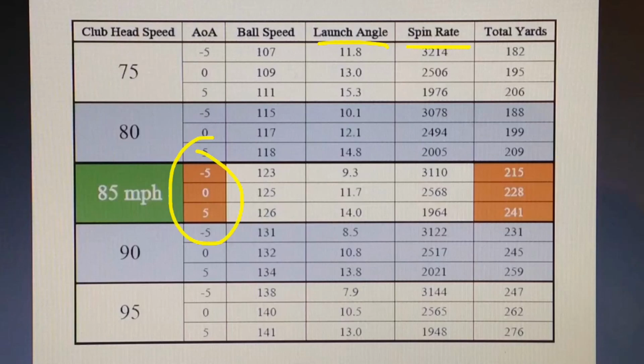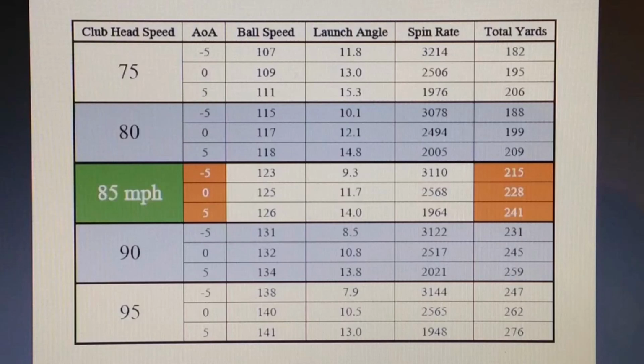And it also gives us the yardage that you can plan on hitting the ball with those numbers. So we're going to just look quickly here at the 85 mile an hour club head speed. And when we're done, feel free to hit pause and you can go back and look at all the other speeds here. But let's look at 85 miles an hour first.